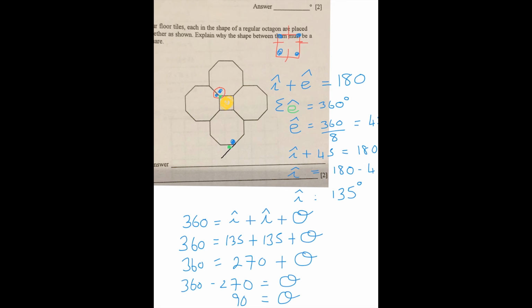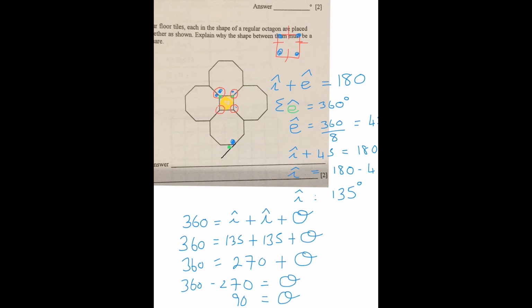Now the same situation is observed here, here, and here. We know that this is an interior angle, and this is an interior angle, so the other one must again be 90 degrees.